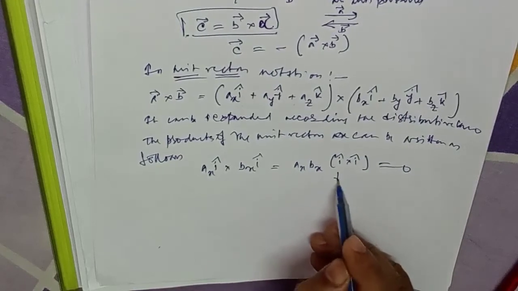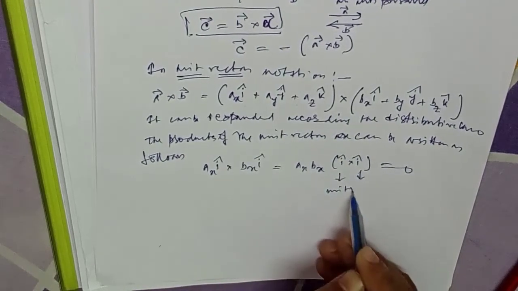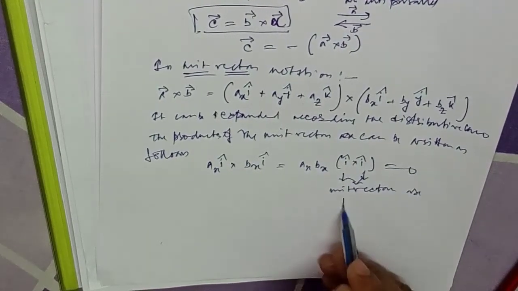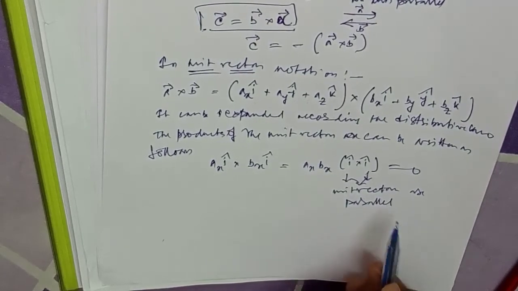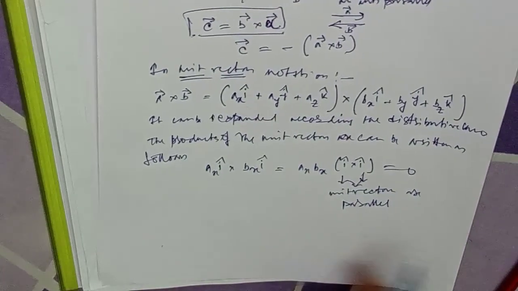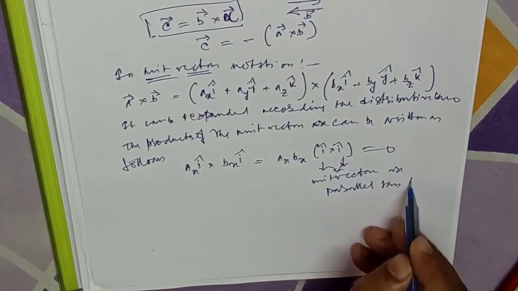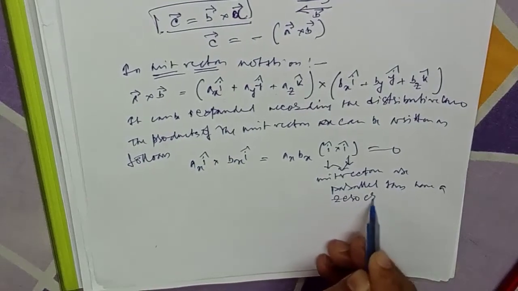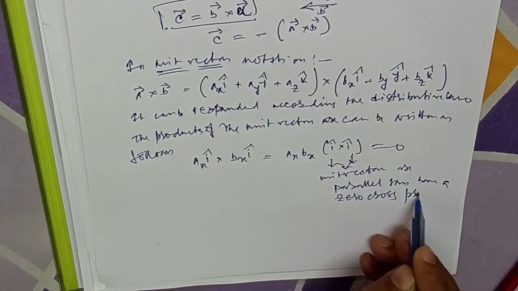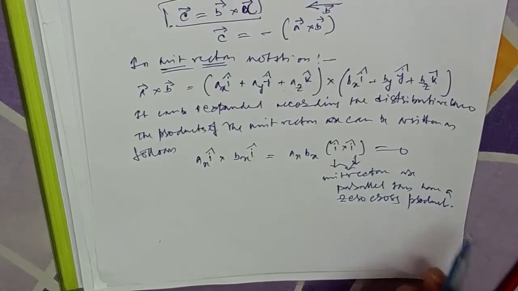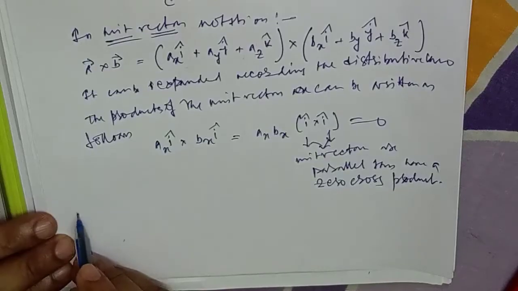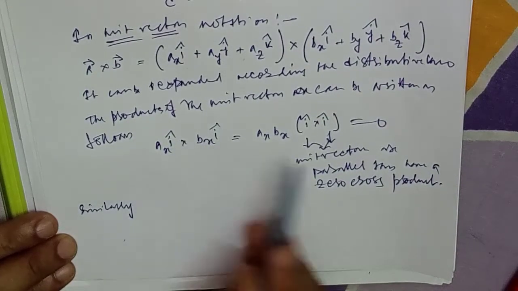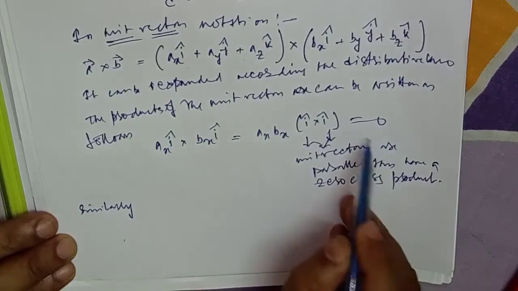Unit vectors that are parallel thus have a zero cross product. As two unit vectors are multiplied in parallel form, we got 0.